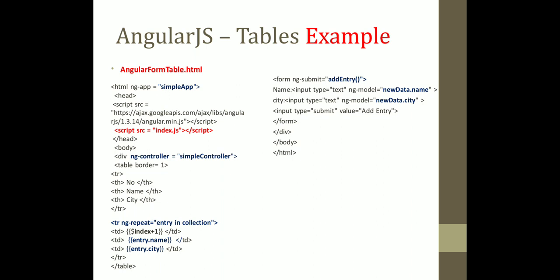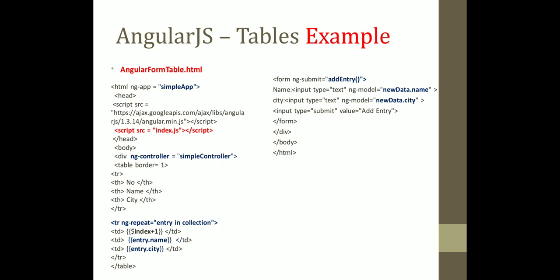Then if you want to add this information through a form, we will use the form tag with ng-submit equals addEntry. For name, we take an input of type text, with ng-model given as newData.name.